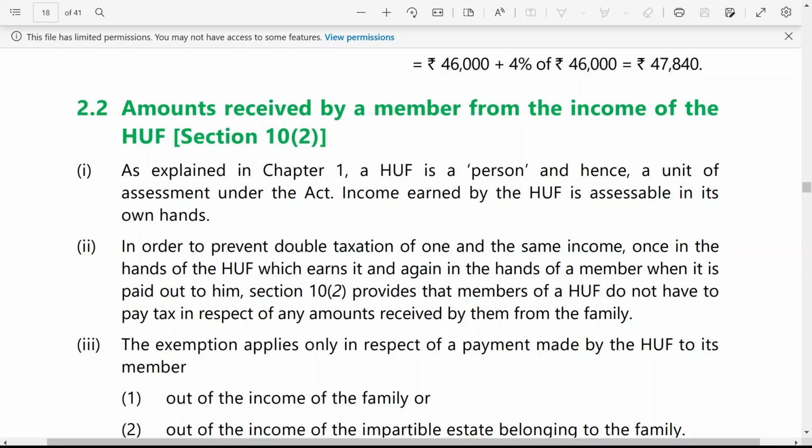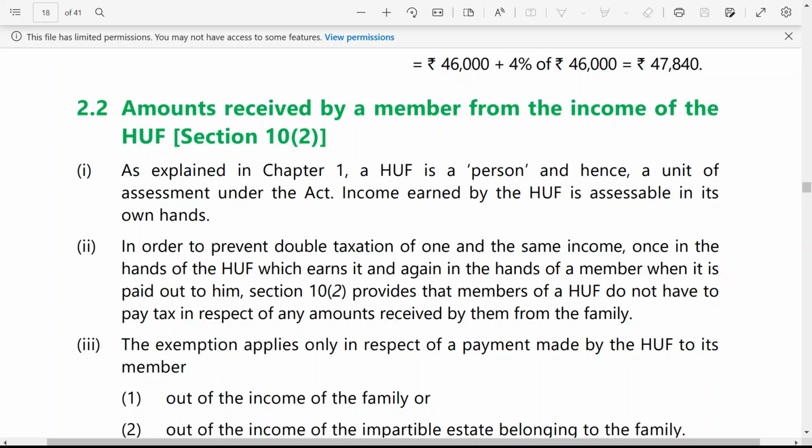Very simple reason here, because the HUF is a person and the HUF is paying tax on the income earned by that HUF family. Now if any share is received by a member from the HUF, then it is not taxable to avoid double taxation. So this exemption under section 10 subsection 2 is given to avoid double taxation. That you have to remember.